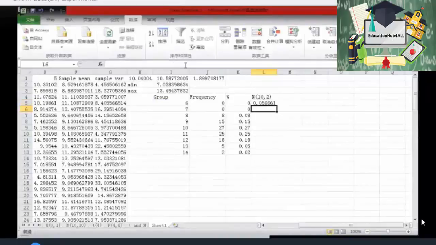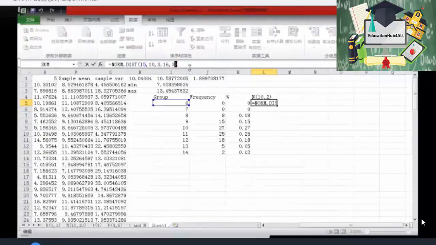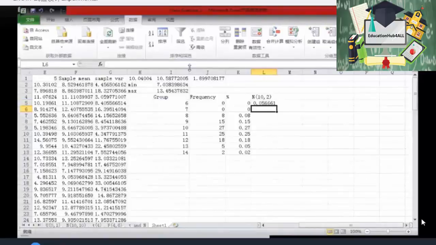what does this value mean? 0.5. Remember here I select the false. So what is the 0.5? 0.5 is just the height.